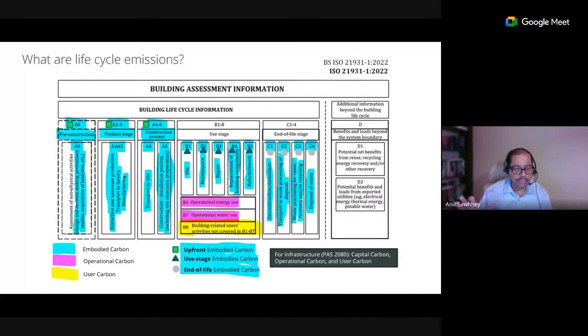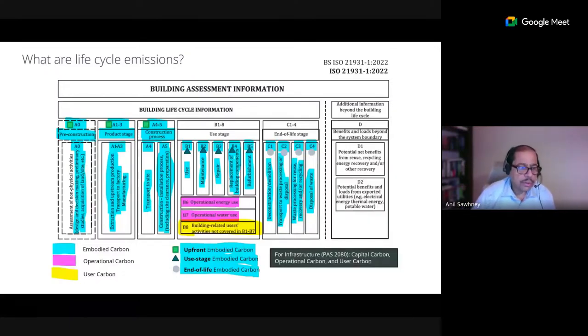That's module C. It has C1, C2, C3, C4. Module D is beyond the system boundary. It is benefits and loads beyond the system boundary. So any heat recovery, any thermal energy recovery, any reuse, recycle, net benefits are treated in module D.